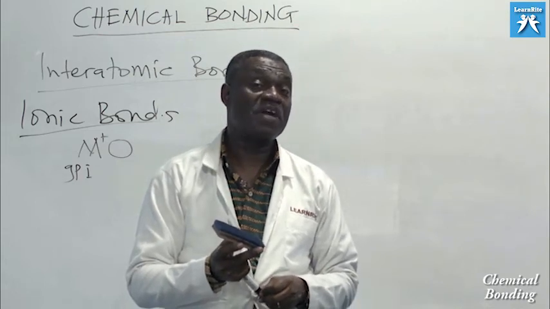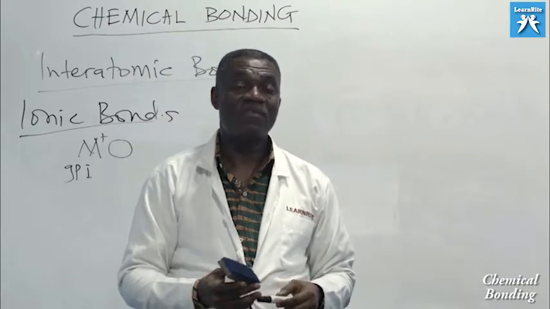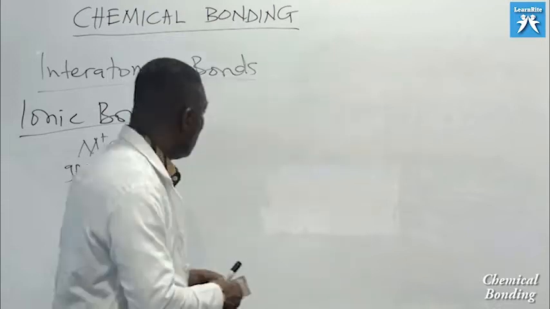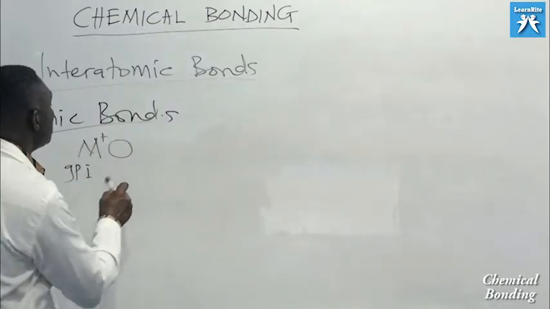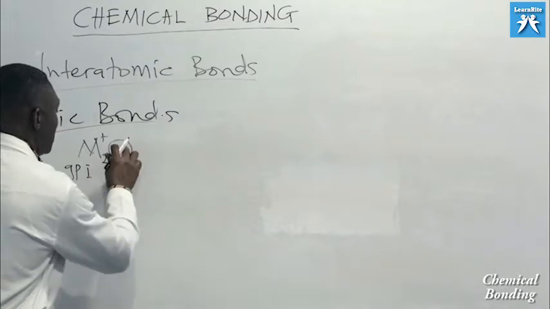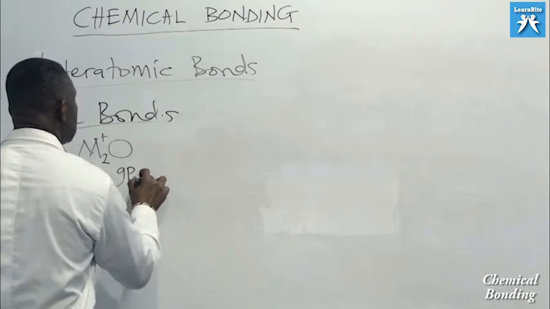Go and bring your other friend to donate 1 more electron before I, the group 6 element, will be happy. I'll have my octet filled. So for a group 1 element combined with a group 6 element, the group 1 will have to be 2 and the group 6 will have to be 1. This is group 6.